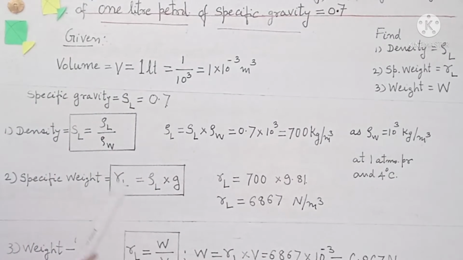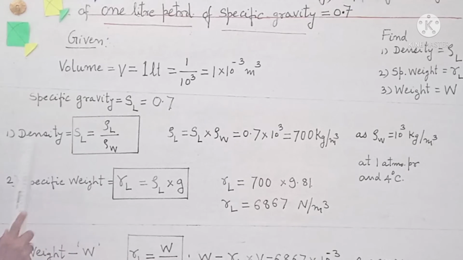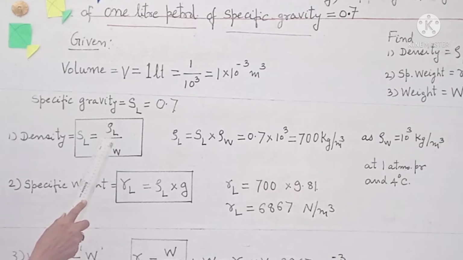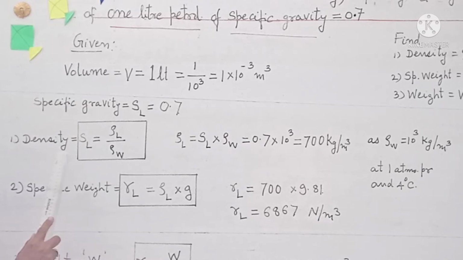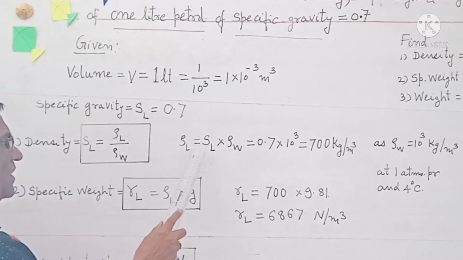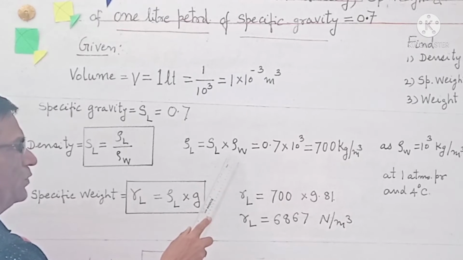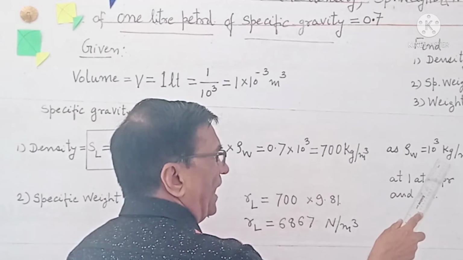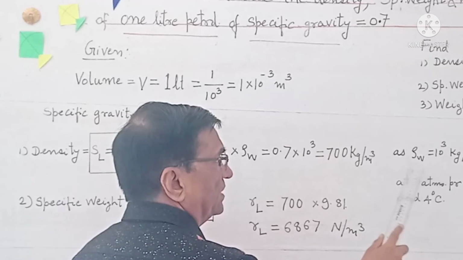Now from the formula, first we will calculate the density. From the formula, SL equal to rho L upon rho W. From mathematical transformation, we can write rho L is equal to SL into rho W. The value of rho W is 10 raised to 3 at 1 atmospheric pressure and 4 degrees Celsius.